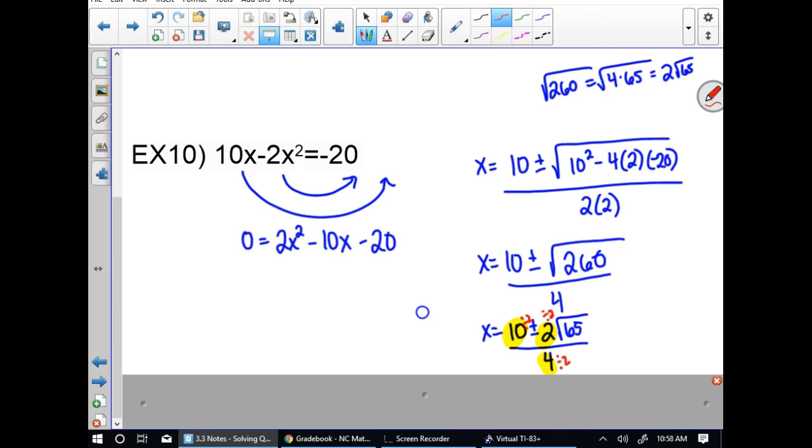But it has to be all 3 of those numbers. If it's not all 3, you can't reduce. So this is going to be 5 plus or minus the square root of 65 all over 2. I didn't put a 1 there in front of the square root of 65 because it's unnecessary, but you could if you want.